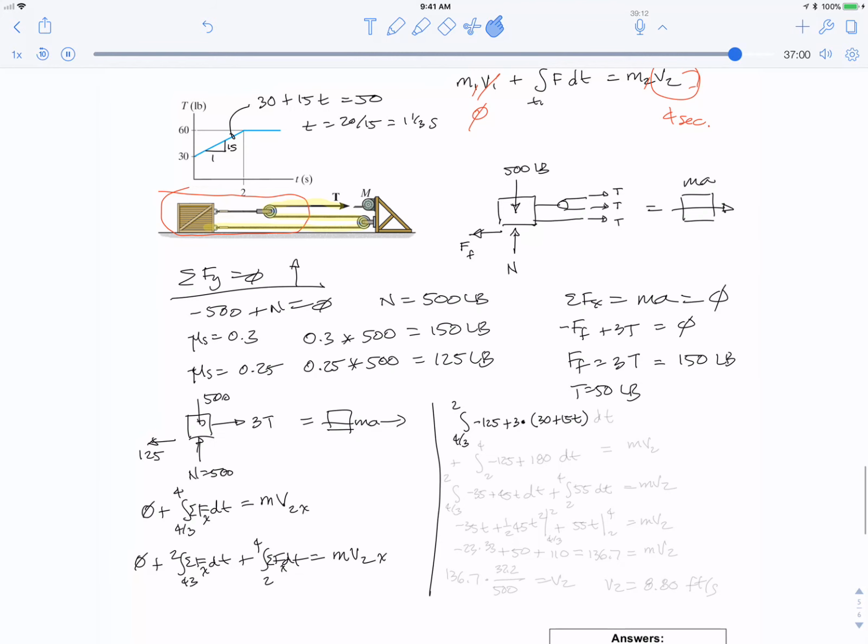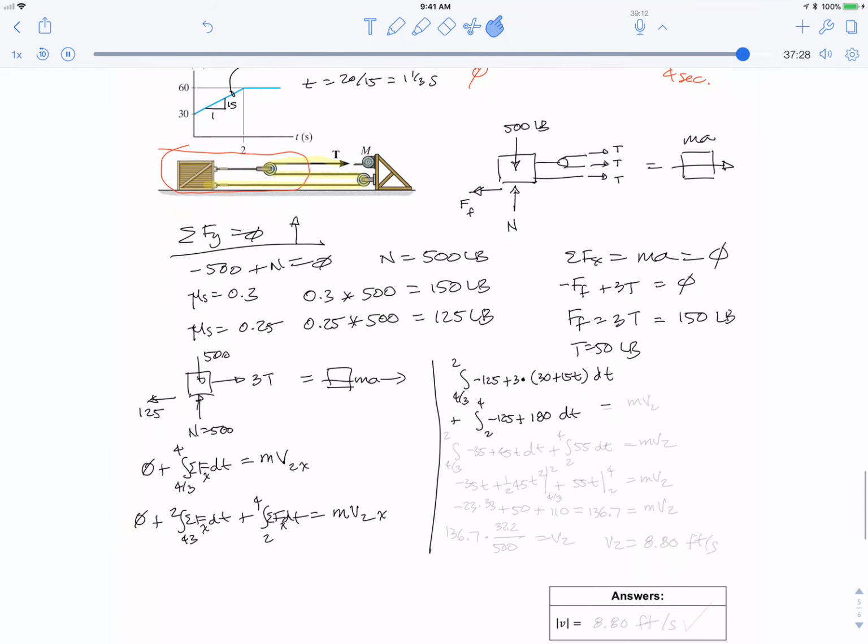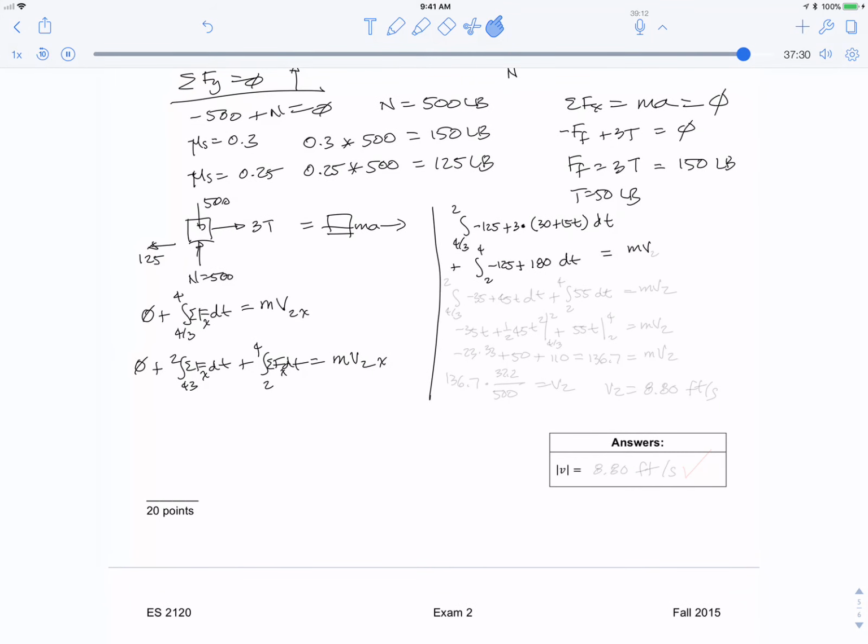Okay? And so we'll do that, dt, plus the integral from 2 to 4 seconds. The total force is minus 125 for the friction, plus 3 times the tension, which will be 60, so that'll be 180 total, dt, and that will all equal mv2.